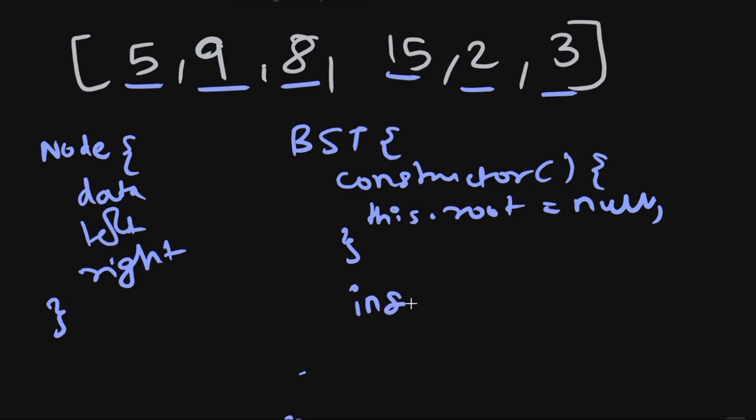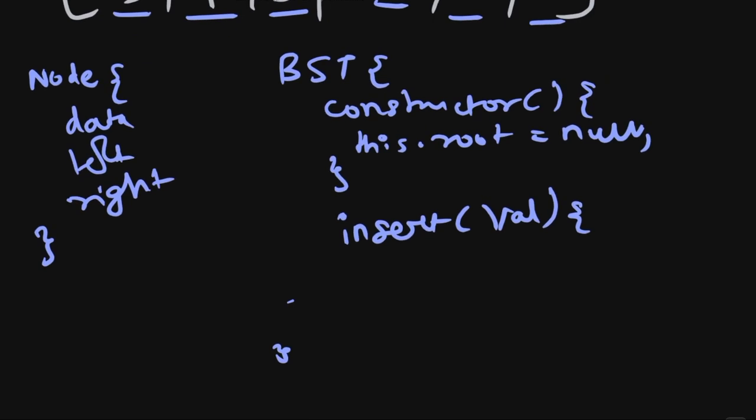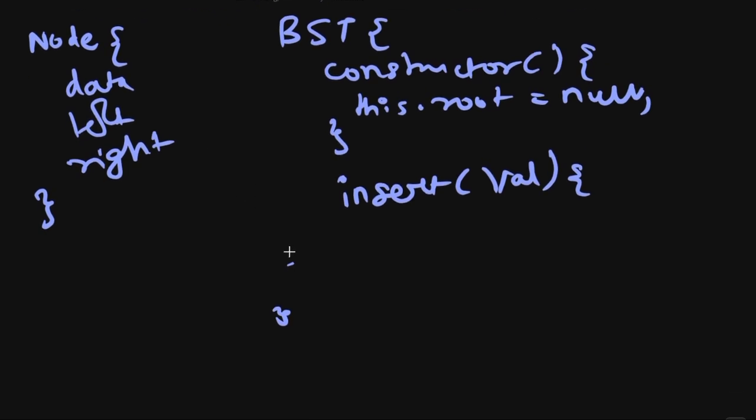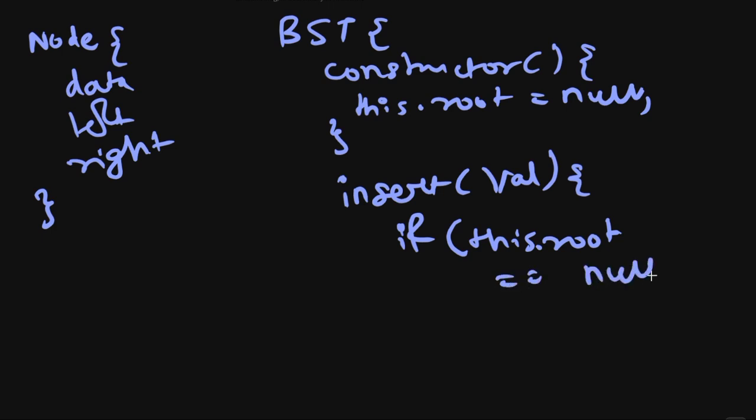Then we have to insert a value. You would get a value. So in the insert value, what you will be doing is first of all checking if this.root is equal to null or not.